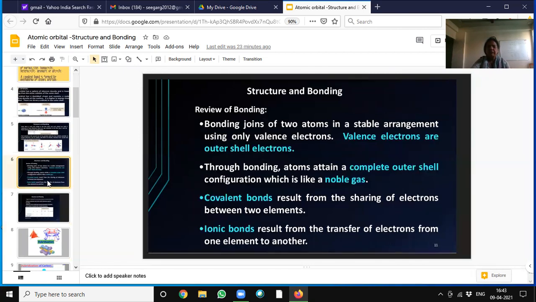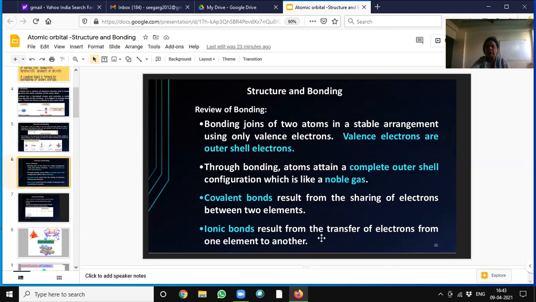Review of bonding. Bonding joins 2 atoms in a stable arrangement using only valence electrons. Valence electrons are outer shell electrons. Through bonding, atoms attain a complete outer shell configuration, which is like a noble gas. Covalent bonds result from the sharing of electrons between 2 elements.